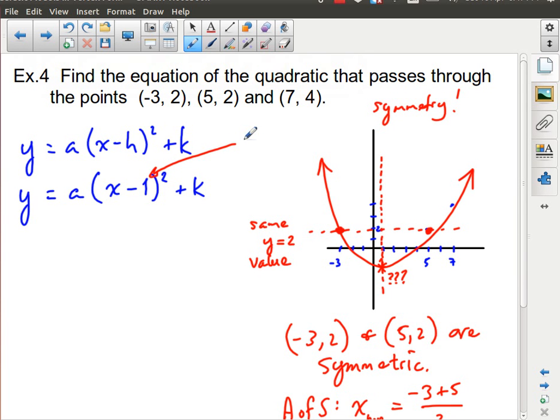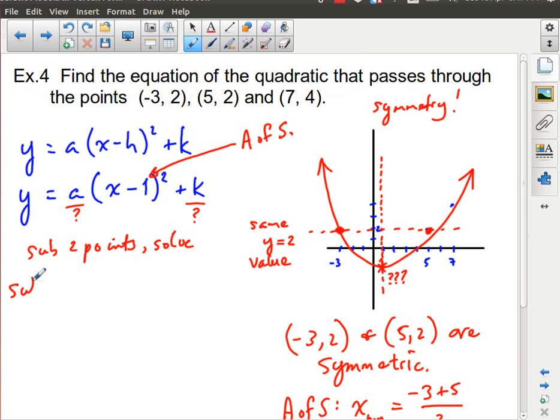Now that I've done that, you can see my unknowns are a and k. So I actually need to sub in 2 points, and then we're going to have to solve a system of equations.